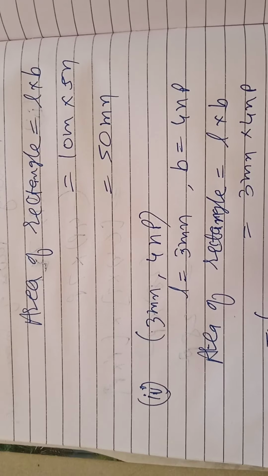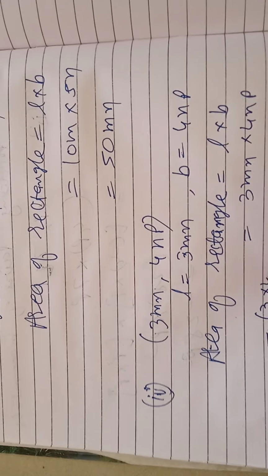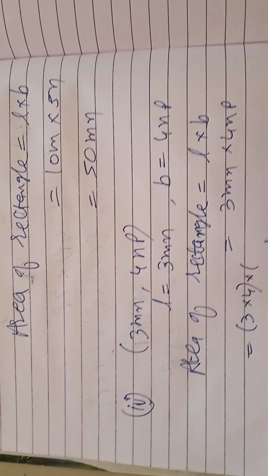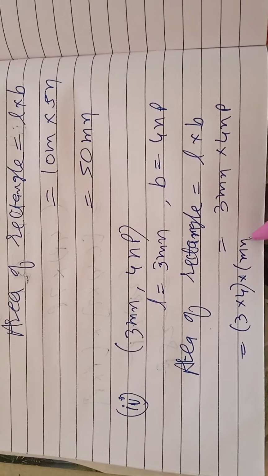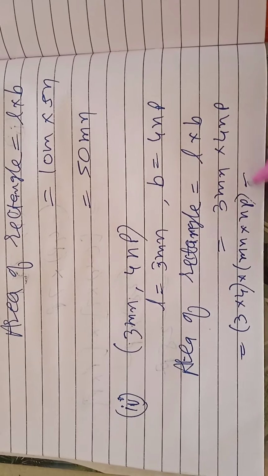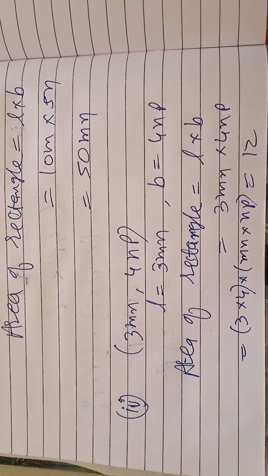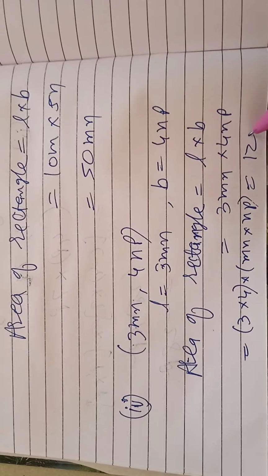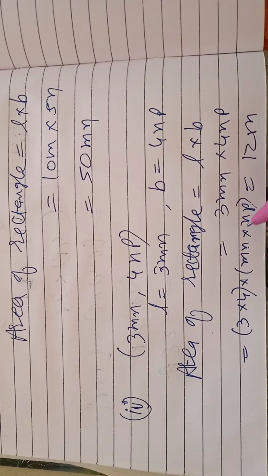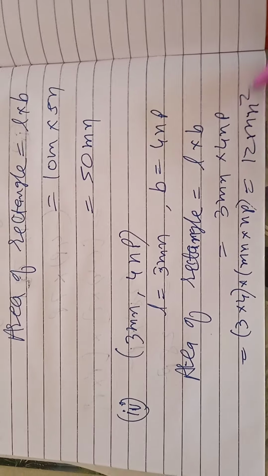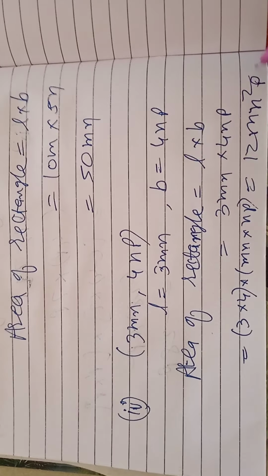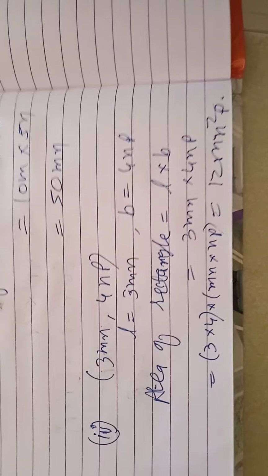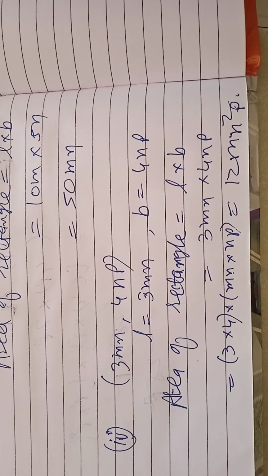So we write 3 into 4 in a bracket, कोएफिशिएंट एक ब्रैकेट में लिख लेंगे, and mn into np. Then 3 4s are 12, and there is only one m. Here two n's means we write n square and p. So we get 12mn square p.